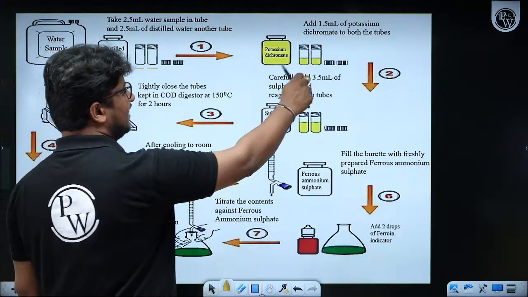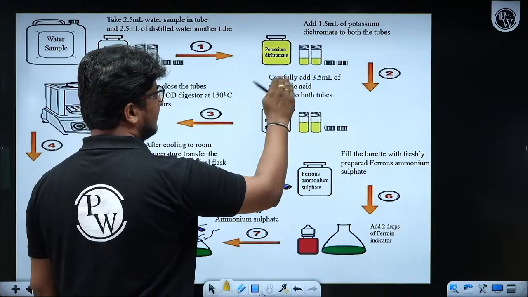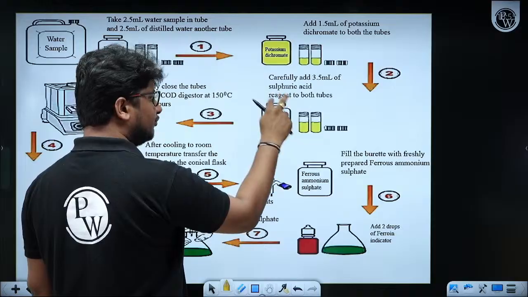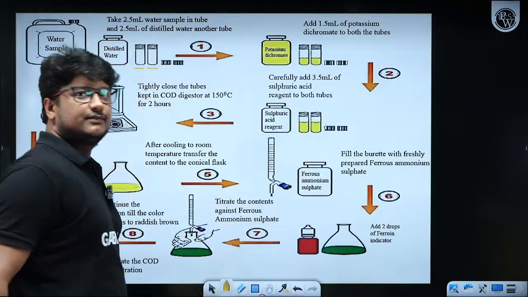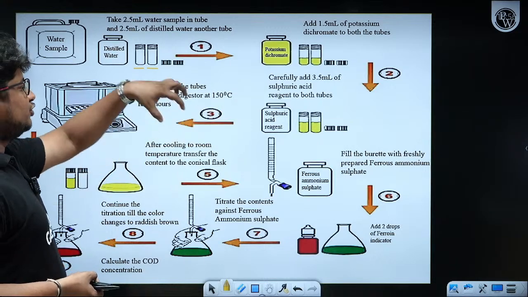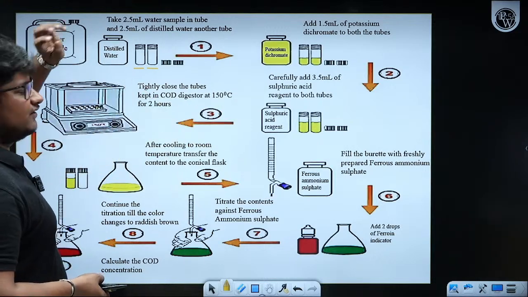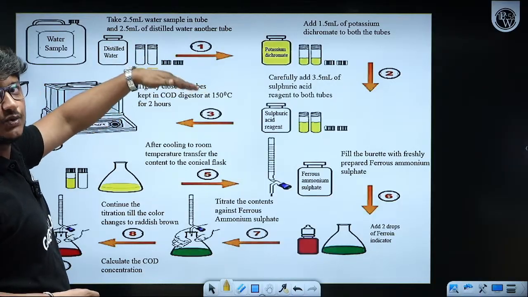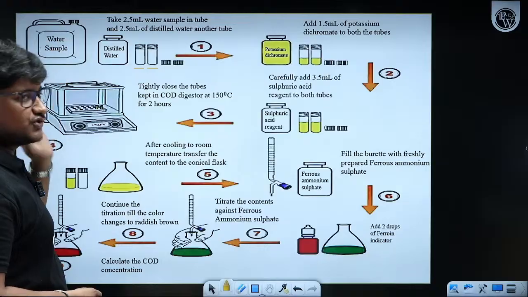So carefully add 3.5 ml of sulfuric acid reagent to both the tubes. Whatever step you are doing, we are doing it for both the vials, both the tubes. Then you put the tubes into the COD digester for a digestion period of 2 hours at 150 degrees Celsius.